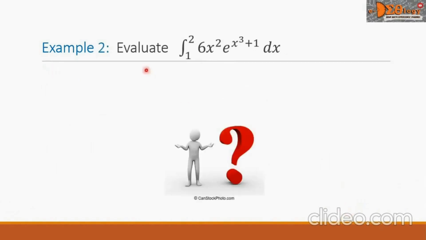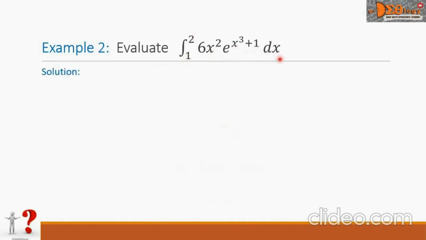Example 2. Evaluate the integral from 1 to 2 of 6x squared times e raised to x cubed plus 1, dx. For our solution, let us choose u to be the exponent of the e, the x cubed plus 1.